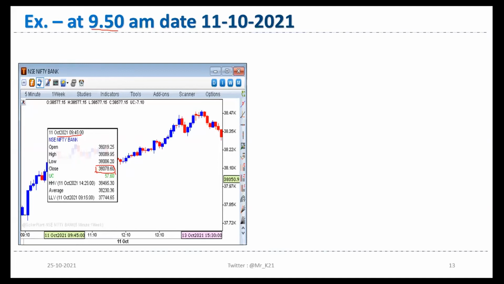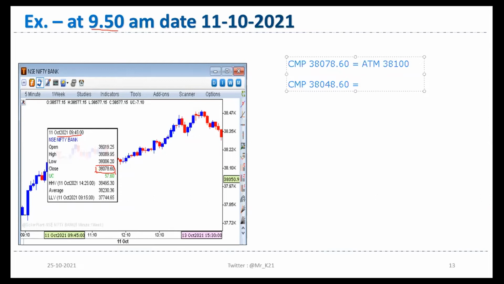Let me give you an example. Say the CMP or close was 38,008.60. So my ATM would be 38,000. Say my CMP was 38,048.60. In this case, what would be my ATM?